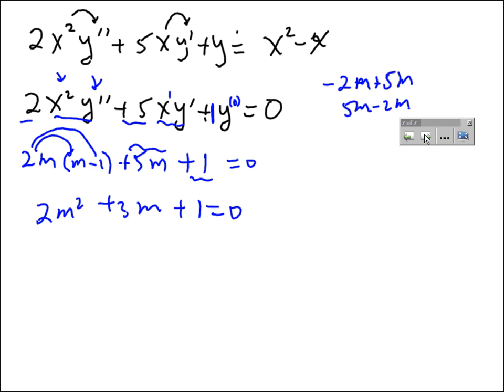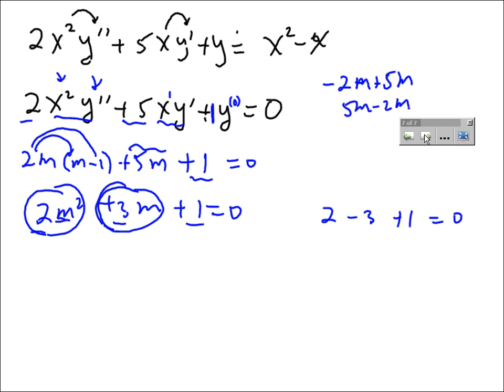Now, I looked at these coefficients 2, 3, and 1, and I think there's a way to get 0. I know that 2 plus 1 is 3, and if you take away 3, you'll get 0. I want this to be minus 3. Well, if I let m be negative 1, this will be minus 3, and here this will still be plus 2. Negative 1 squared is 1 times 2 is 2. If m is negative 1, this will be minus 3, and that's plus 1.